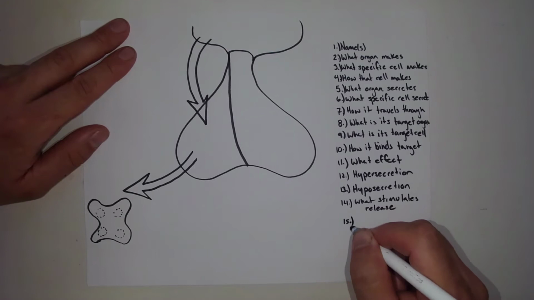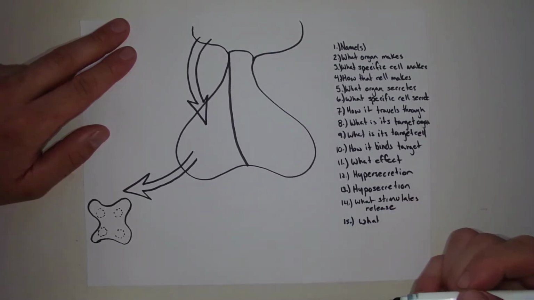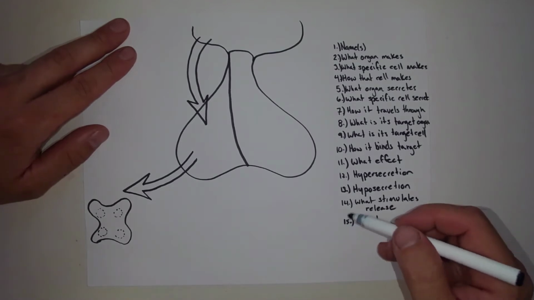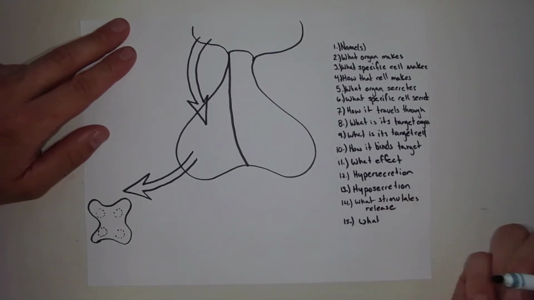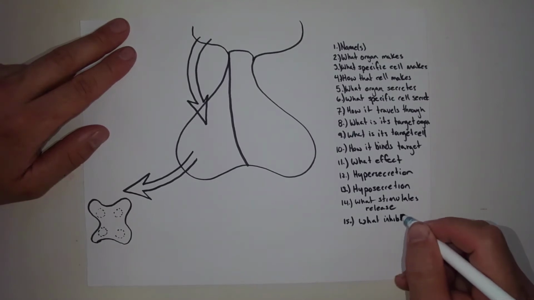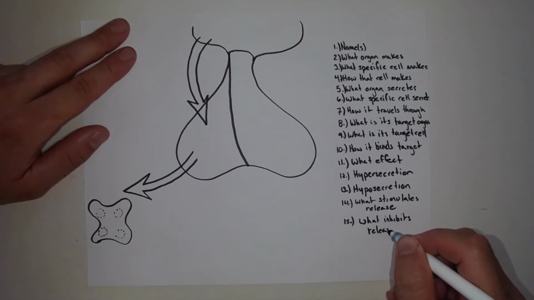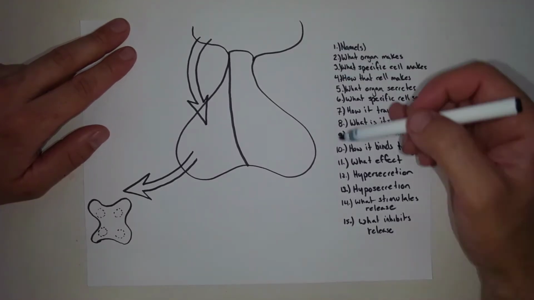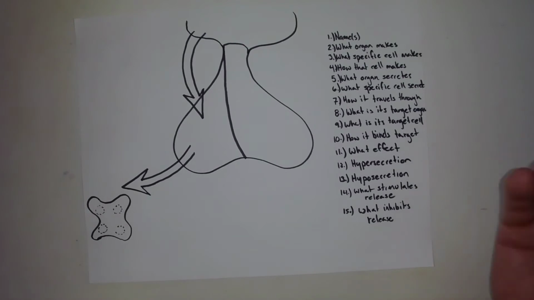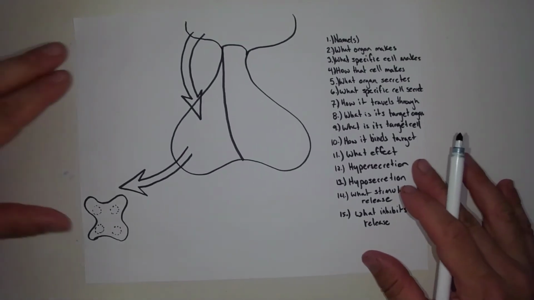And what's going to inhibit it? And that's where we get into the most recent discussion or basic principle we learned about negative feedback. What inhibits its release? Okay, so this here is 15 questions. Whether you divide it up into 14 or 16, it's really up to you.